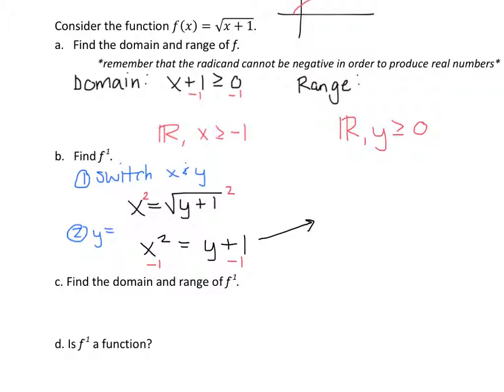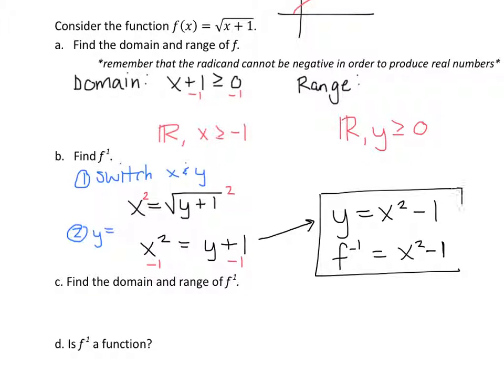Yep. So y equals x squared minus 1. You could write it as f inverse equals x squared minus 1 if you would like to, since that's what it asked you to find. Both of those are correct answers. Okay, so either one would be correct.